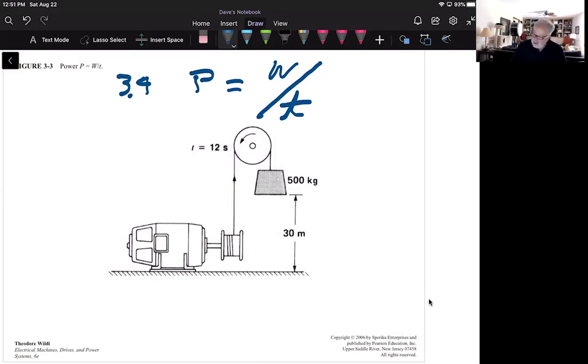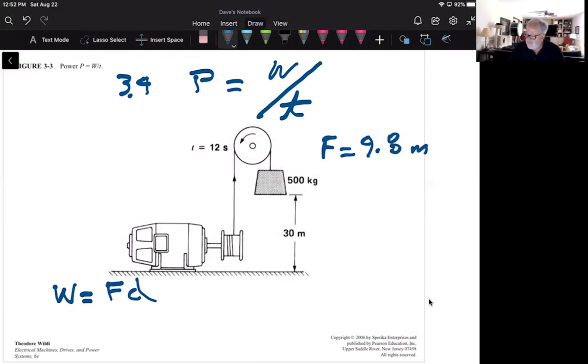So in this particular case, 500 kilograms is our mass. Our height is 30 meters. Now, if we go back to the equation for work that we talked about earlier, we had force times distance. We still need to apply our initial equation that defines force as 9.8 times the mass.